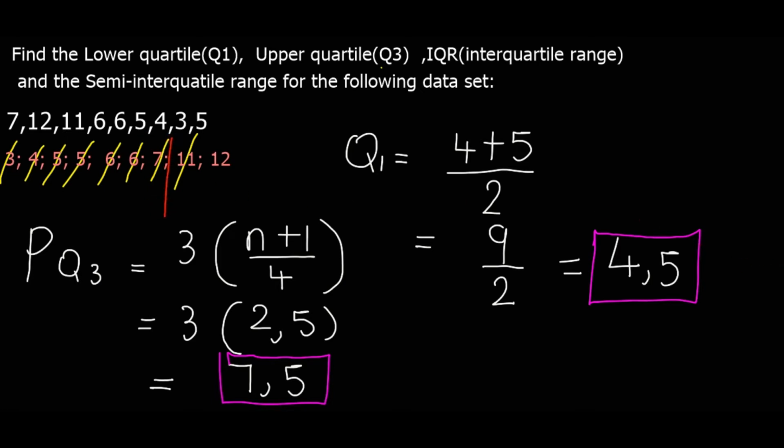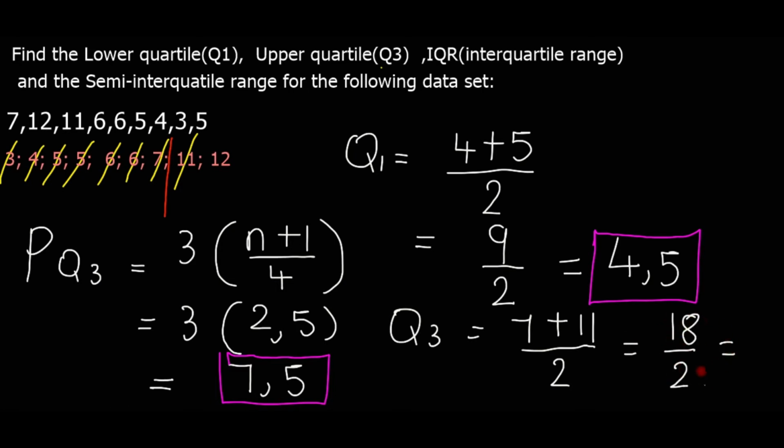So finding Q3, Q3 is 7 plus 11 divided by 2. 7 plus 11 is 18, and 18 divided by 2 gives 9. So this is our Q3. So you can see it is very easy to find Q1 and Q3 using the position formula.